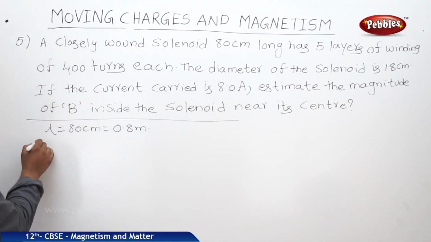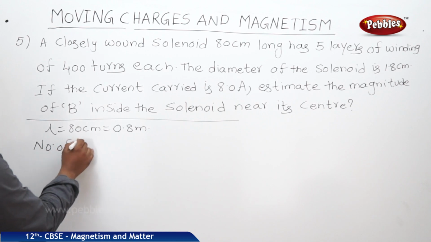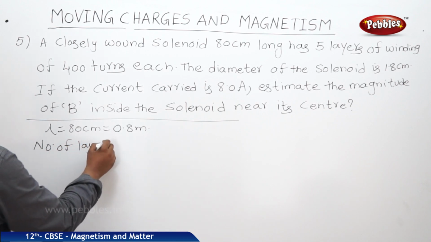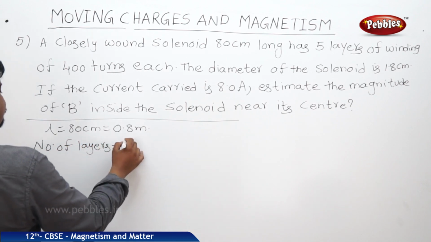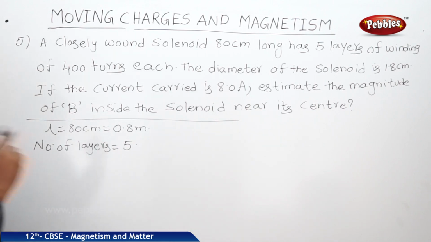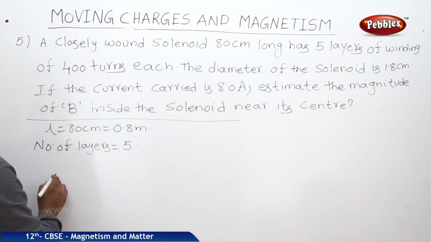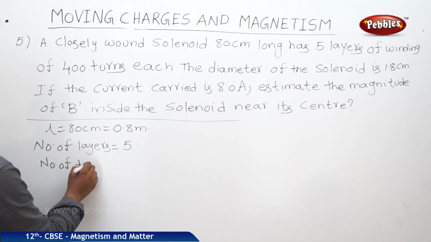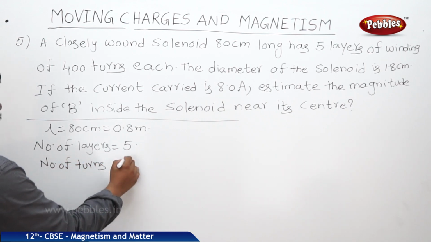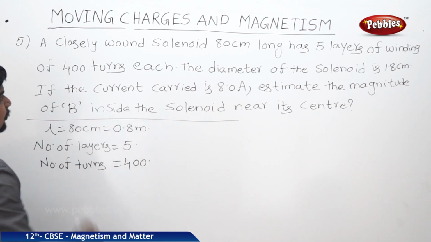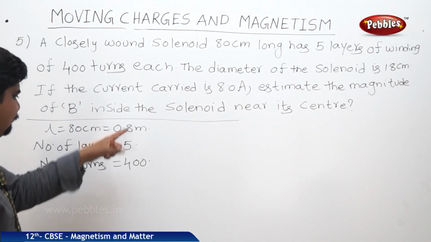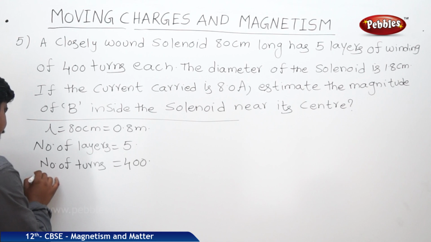Number of layers is equal to 5. Each layer has 400 turns. So the total is 400 into 5, 2000.